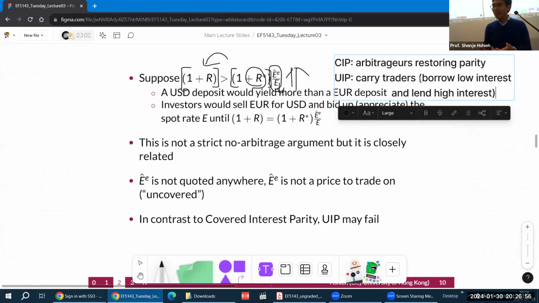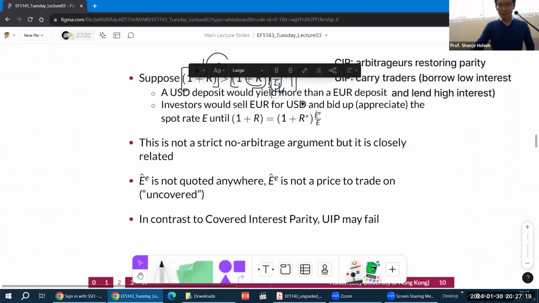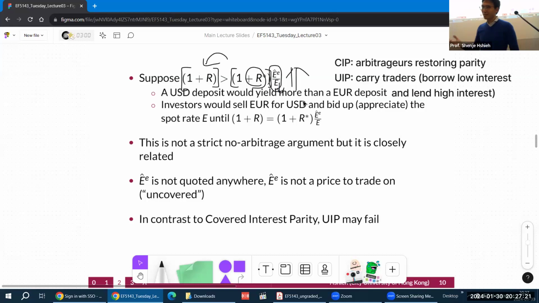So conducting this carry trade means that they're doing the same thing as arbitrageurs. They're borrowing at the low interest rate, lending out at the high interest rate, and they'll keep doing this until expected returns of this carry trade is equal to zero. And the reason why the expected return approaches zero is because as they convert one currency to the other, the spot rate will change today, right? So the mechanism is the same.